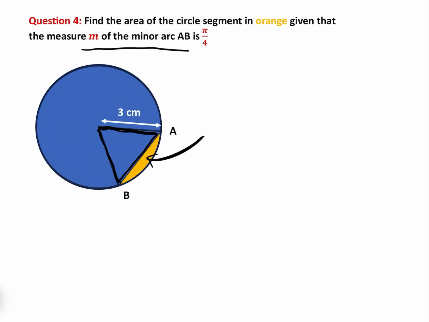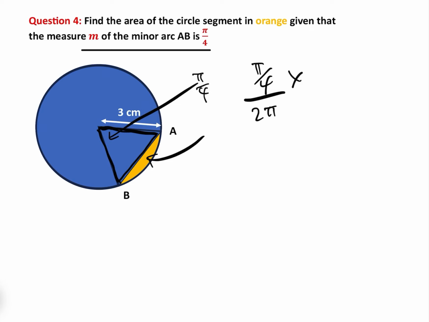We know that the measure of the minor arc AB is pi over 4. That means that angle there is pi over 4, and so the area of the sector is pi over 4 over 2 pi times pi r squared, and the radius is 3, so that's pi times 3 squared, which equals 9 pi over 8 centimetres squared. That's the area of the sector.